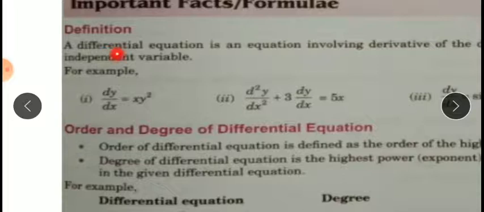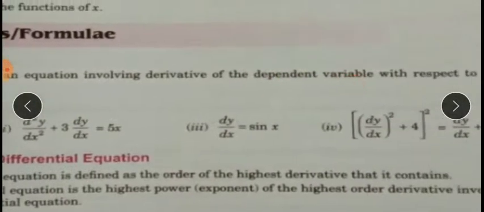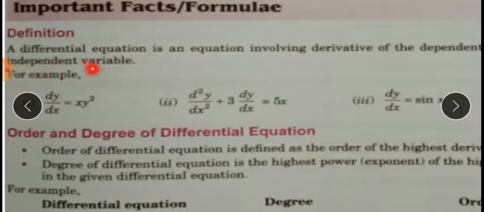We have seen in the definition that a differential equation is an equation involving a derivative. Dy by dx is the derivative of the dependent variable, y, with respect to the independent variable, x. This means this is a differential equation.